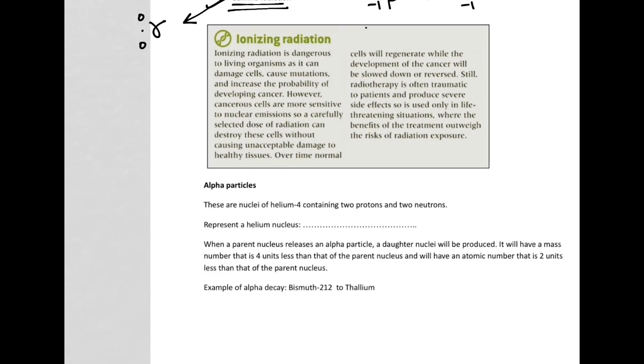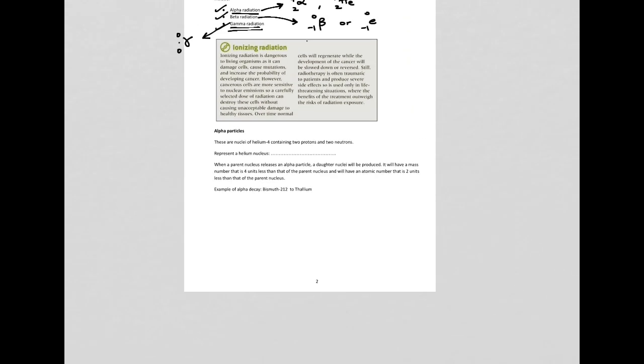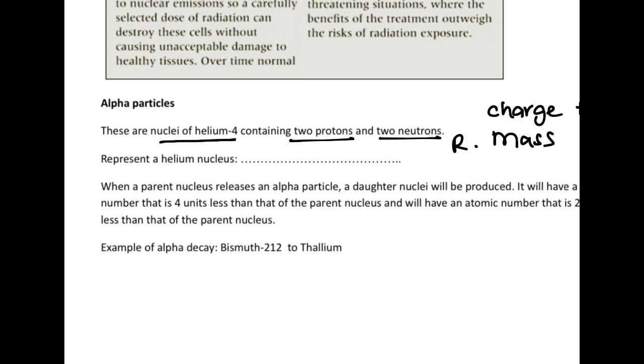Right? Now let's see in detail alpha particles. So alpha particles are nuclei of helium 4, so 2 protons, 2 neutrons. So the charge is actually +2, and the relative mass is 4, and we represent the helium nucleus like this, He 4 2, or we can also say alpha 4 2.